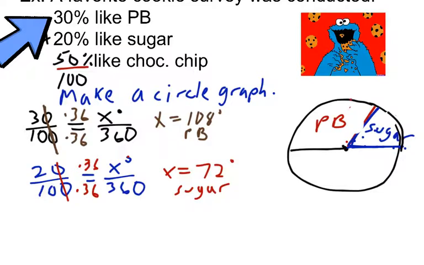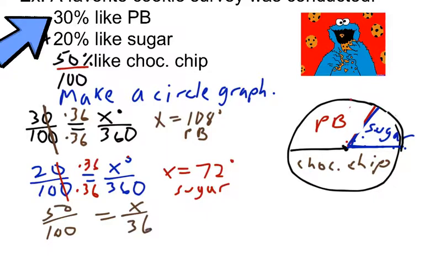All right, and the remaining should just be chocolate chip, but we should always check our work. So it should be about 50, which is how many degrees do you think? Yeah, half of 360 is 180. So 50 over 100 equals x over 360.